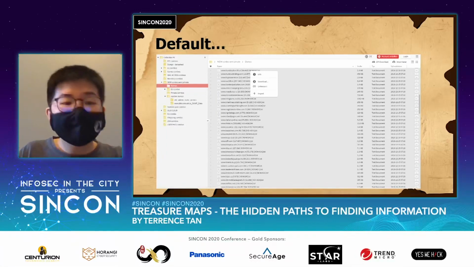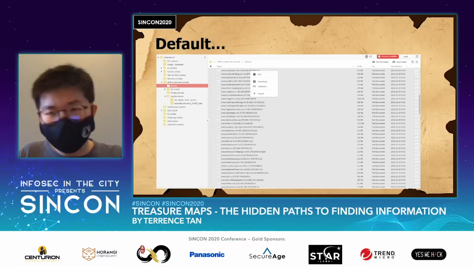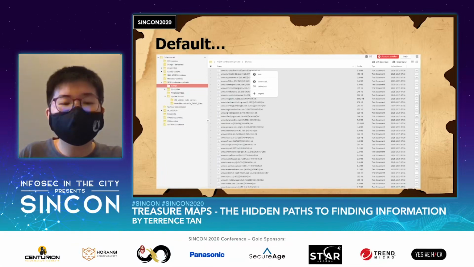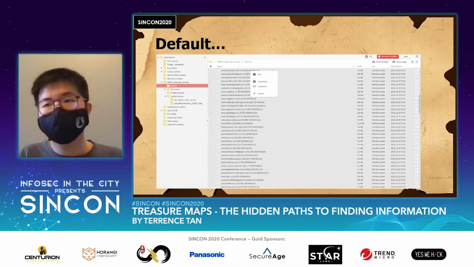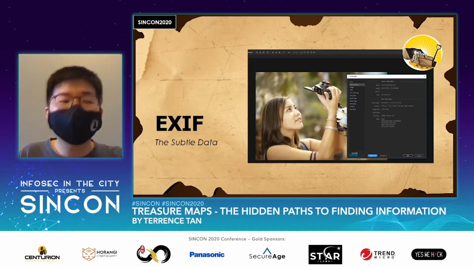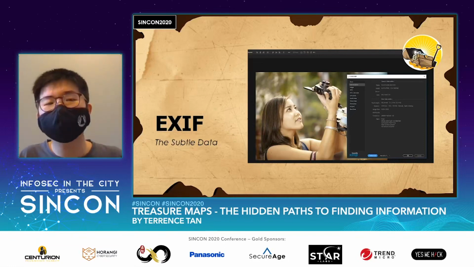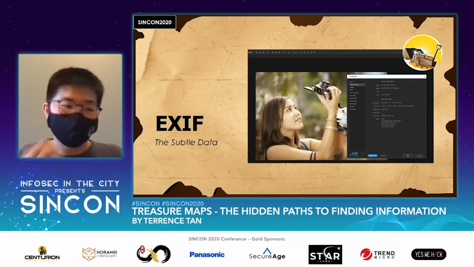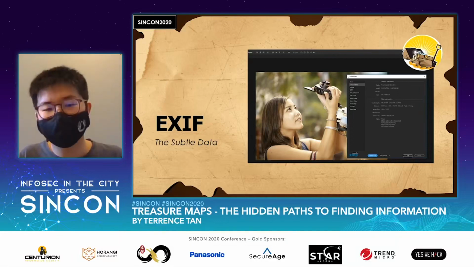Now, moving on from scouring all of these online things, another thing that is really pertinent in finding bits and pieces of clues to find our treasure is within the EXIF data itself. EXIF data is quite subtle because it is there, but a lot of times we just tend to forget about it, and when we do, a whole trove of information is available there.